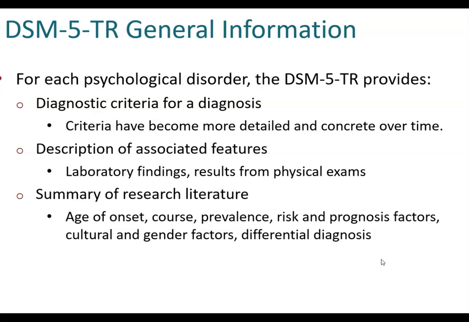So some general information about the DSM-5 TR is that for each psychological disorder, the DSM-5 manual provides diagnostic criteria for the diagnosis, and the criteria have become much more detailed and concrete over time.